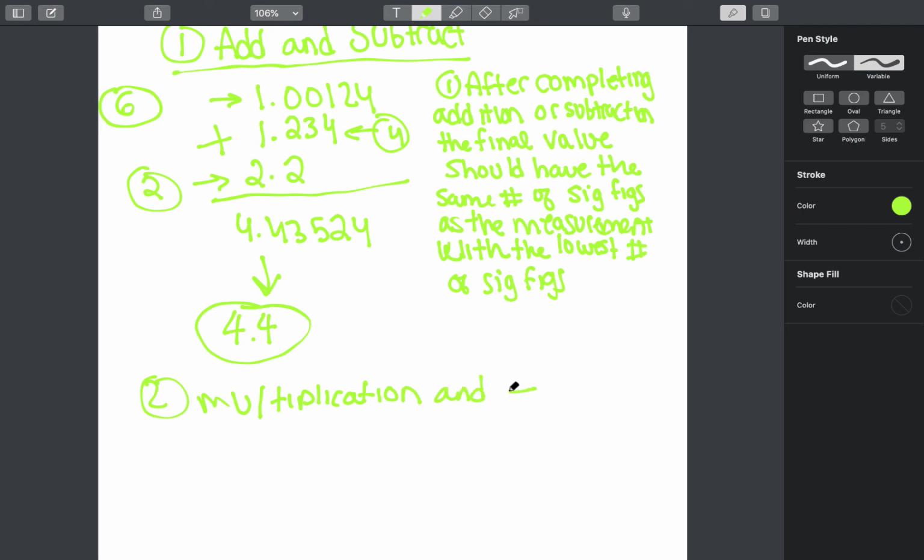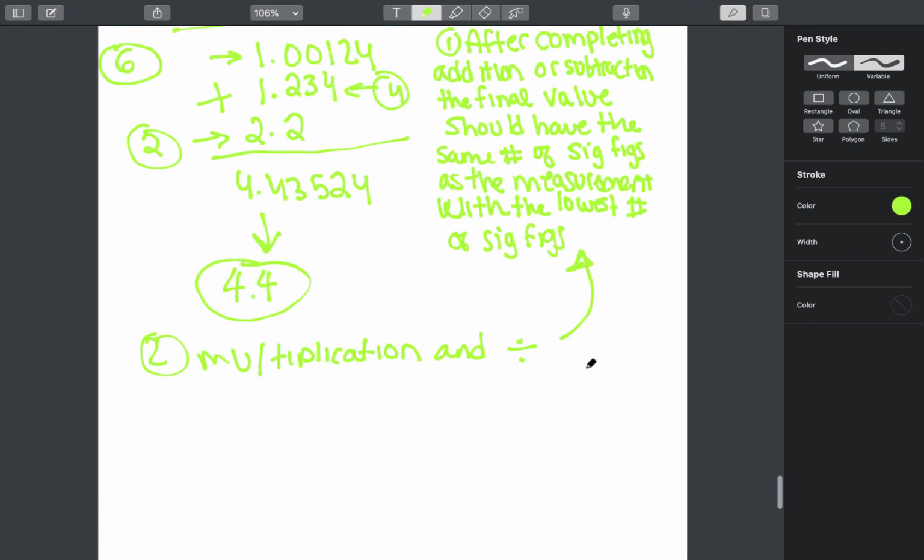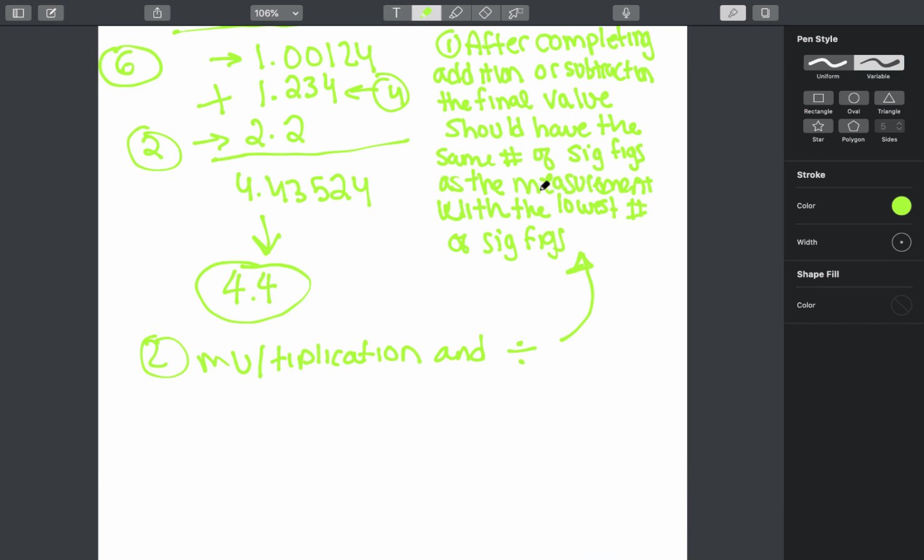Multiplication and division uses the exact same rule as adding and subtracting does. Your final value should have the same number of sig figs as the measurement with the lowest number.